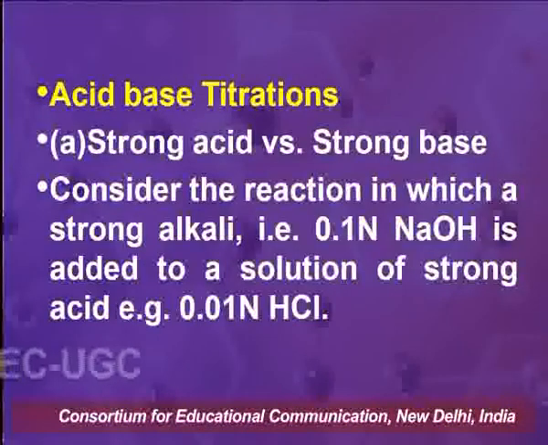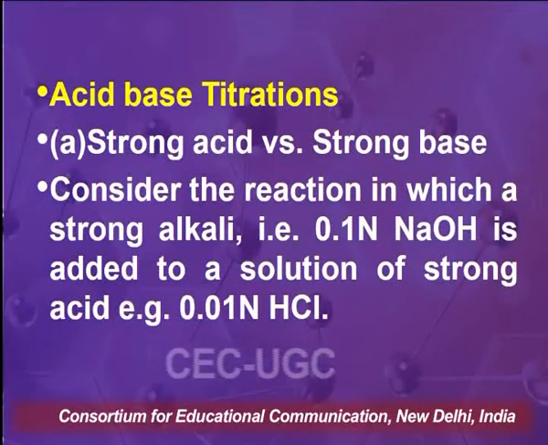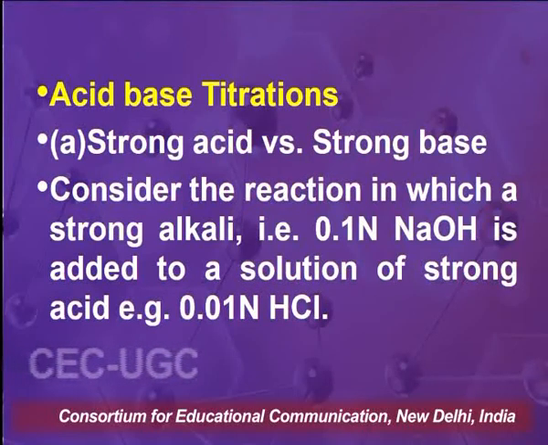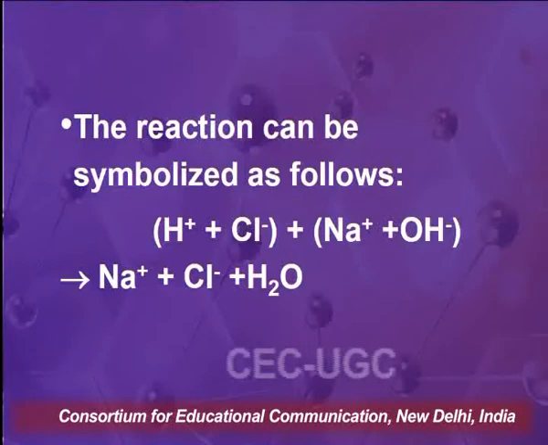The relationship between the chemical reaction occurring during the titration and the shape of the resulting curves has been discussed below in detail. If we have acid-base titrations, the first type of titrations which we will consider are strong acid versus strong base titration. Consider the reaction in which a strong alkali, that is 0.1 normal NaOH, is added to a solution of strong acid, that is 0.01 normal HCl.